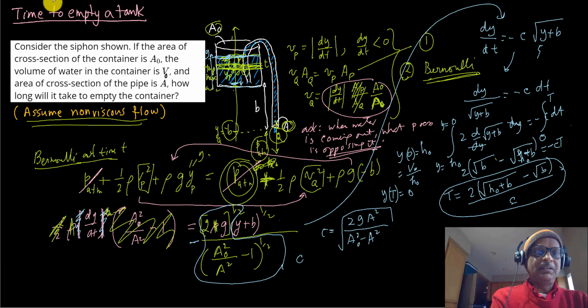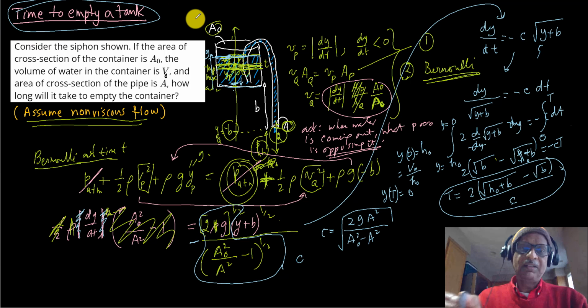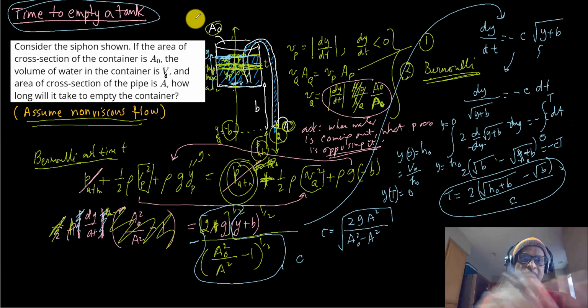It goes by the name time to empty a tank, or drain a tank. You can actually do an experiment. You can take a big container and make measurements of all of these things, and you find it's very close. I've done this experiment, so I know this formula is very close to the time that comes up in the experiment.